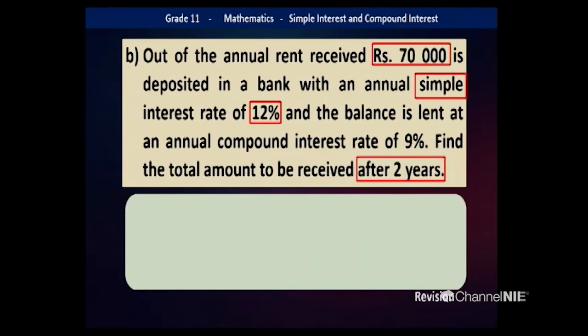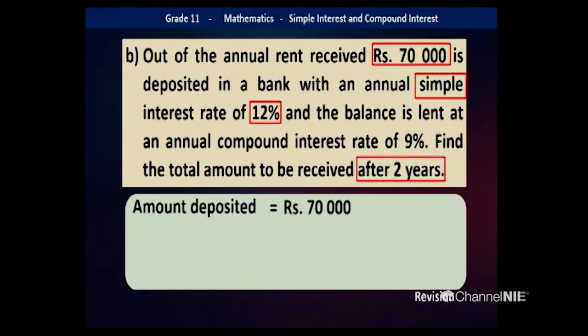Amount is 70,000, simple interest rate, that is also important. Now we know two types of interest calculations, simple and compound. Therefore they have to tell what is the method you have to use, 12% and 2 years. Based on them, let's calculate step by step the interest or the total income for first 2 years. Annual deposit is 70,000.